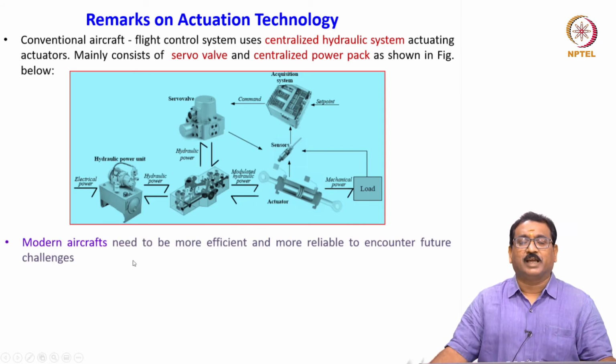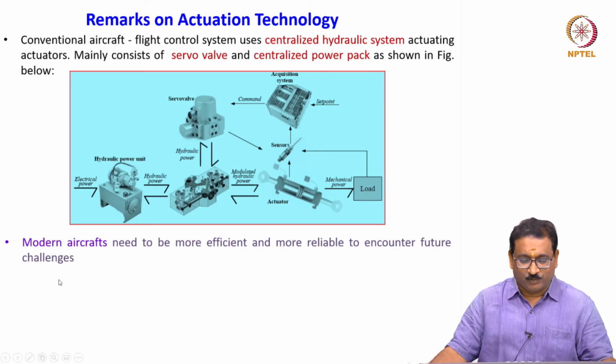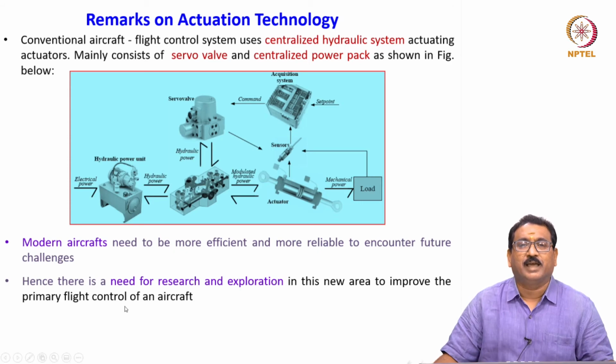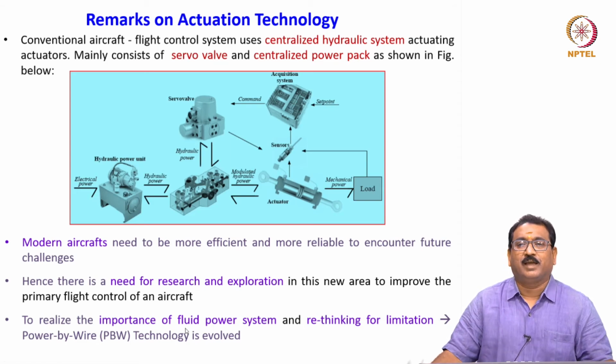Modern aircraft, as I have told you, need to be more efficient and more reliable to encounter the future challenges. Hence, there is a need for research and exploration in this new area to improve the primary flight control of an aircraft. To realize the importance of fluid power system and rethinking its limitations, PBW technology evolved.